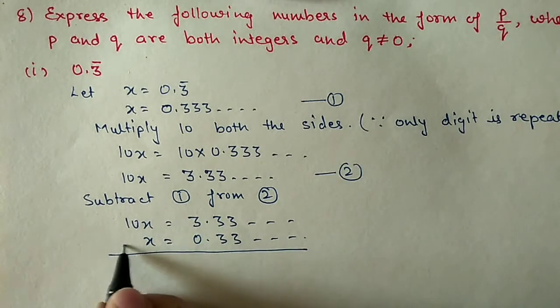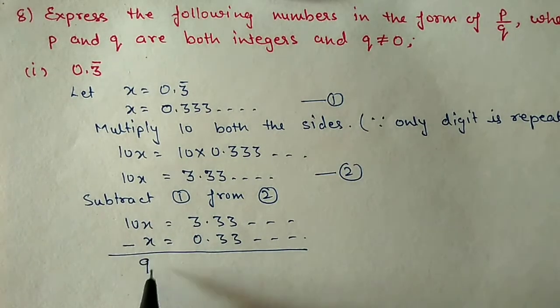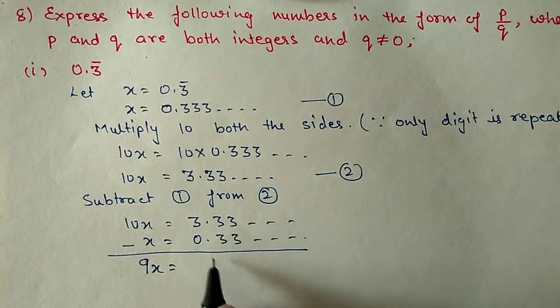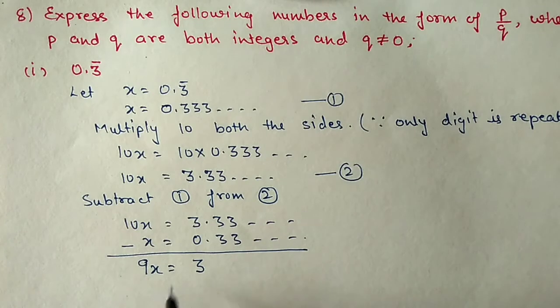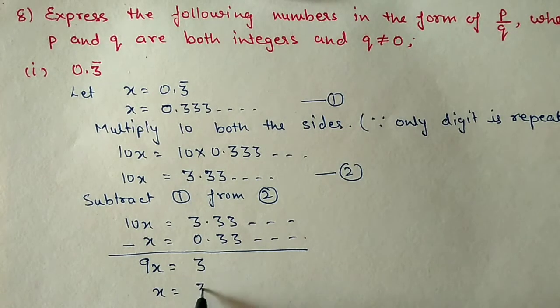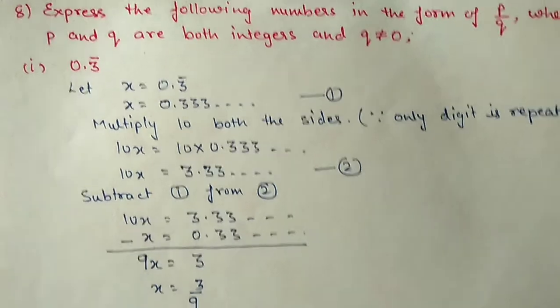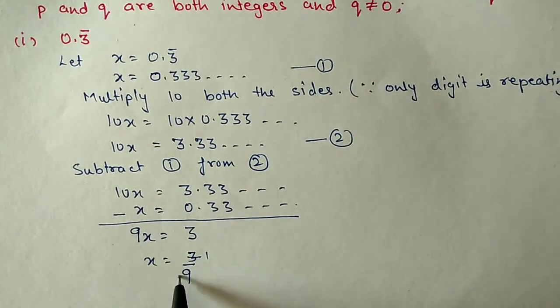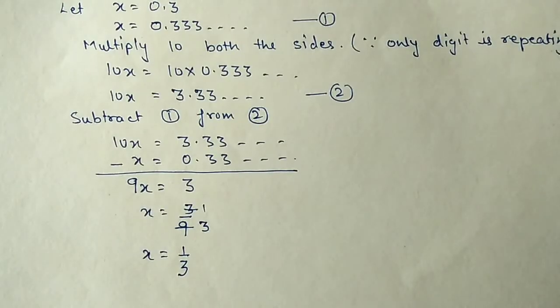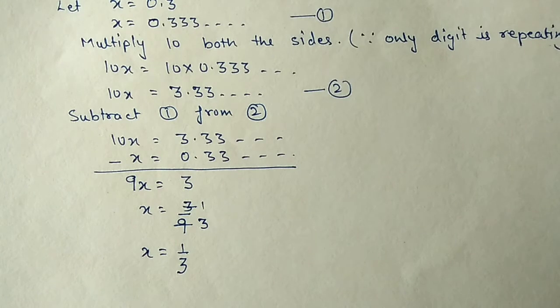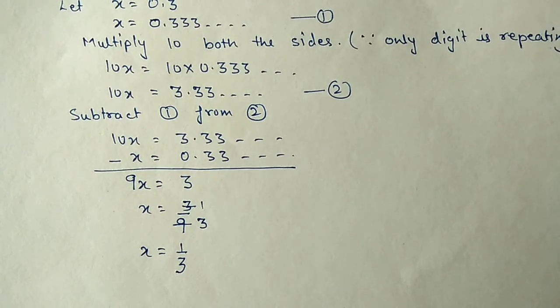After subtraction, 10 minus 1 will give 9x, and on this side 3.00, because after the decimal the 0.33 part cancels out. So now we have 9x is equal to 3, or x is equal to 3 by 9. After cancellation we will get 3 1s are 3 and 3 3s are 9. So the x value is 1 by 3. So 0.3 bar is equal to 1 by 3 in rational number form.